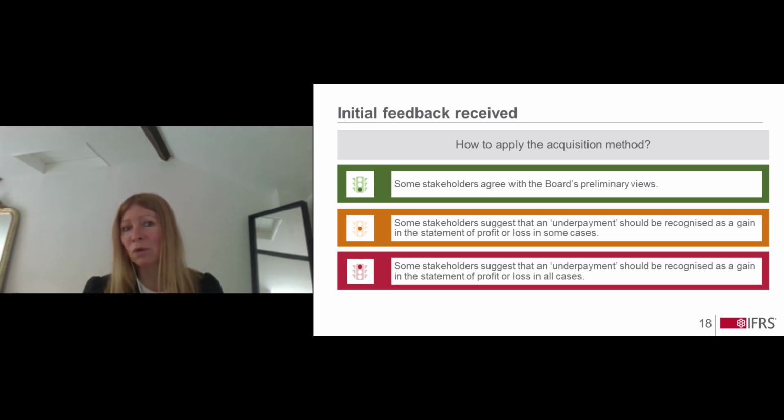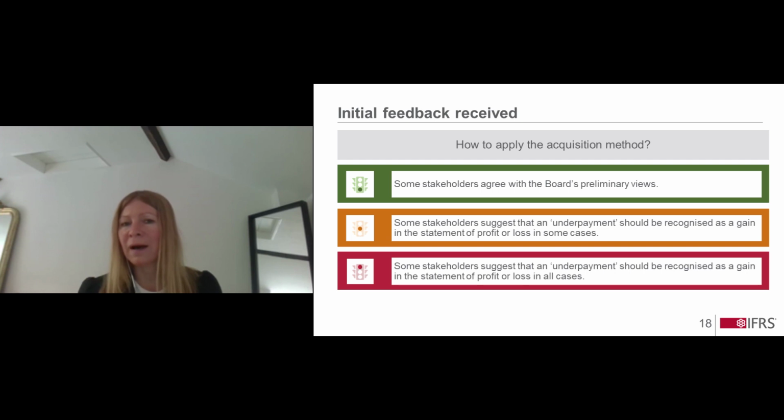Second is what to do with contributions, so scenarios where there is an underpayment. And finally, what to do with disclosure. And I think it's fair to say that in our outreach activities to date, no one really disagreed with the first and the last component of the board's views. So no one disagreed with the distributions and disclosure.